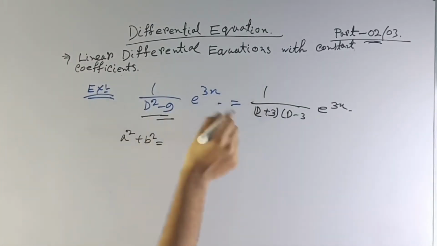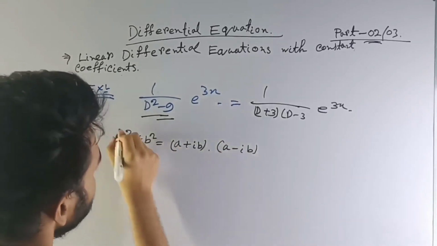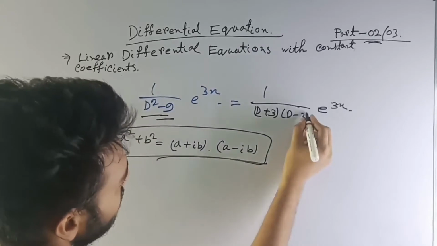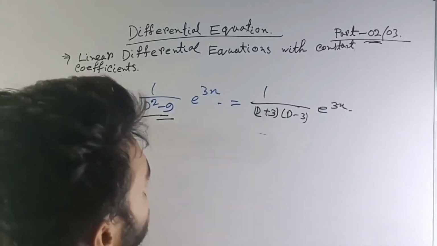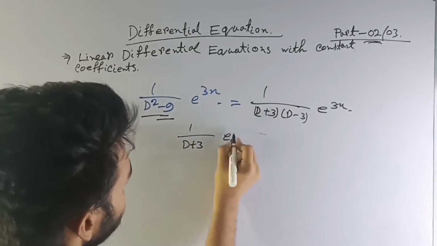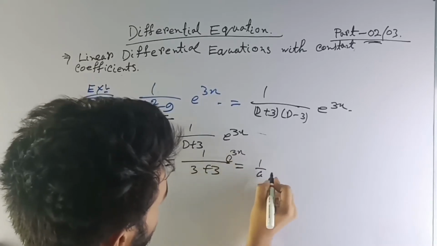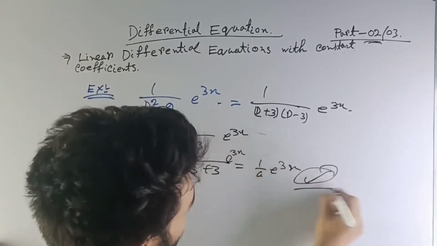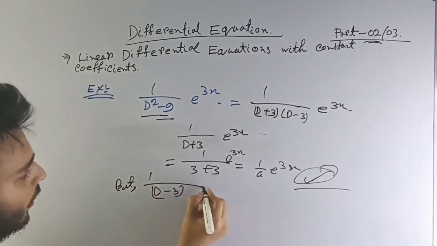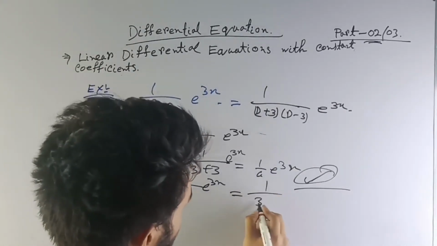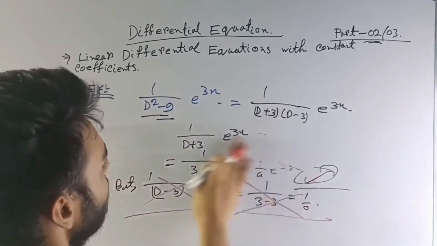Also remember that a square plus b square means a plus iota b times a minus iota b. It's not coming here, but remember this formula. Now 1 by d plus 3 of e to the power 3x means 1 by 3 plus 3 of e to the power 3x, so 1 by 6 of e to the power 3x, and it's the answer. But 1 by d minus 3 of e to the power 3x means 3 minus 3, that means 1 by 0, and that's not a working condition here.